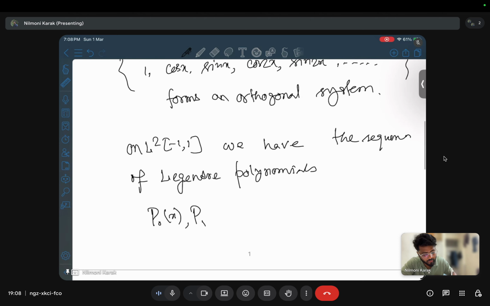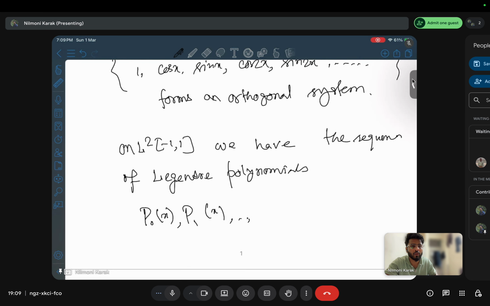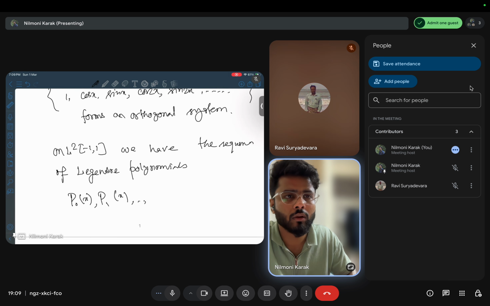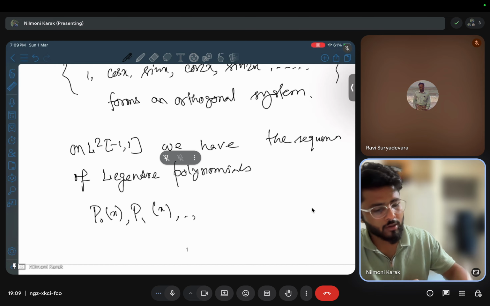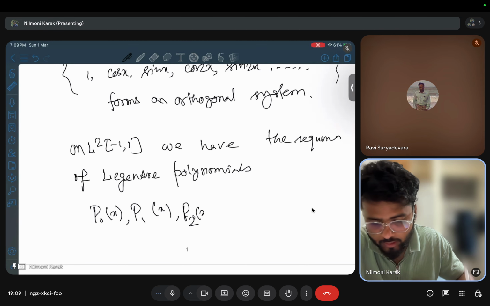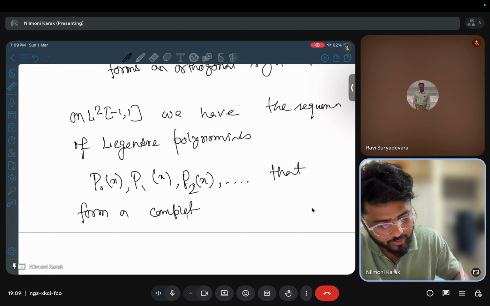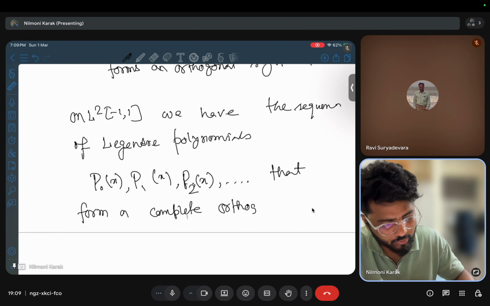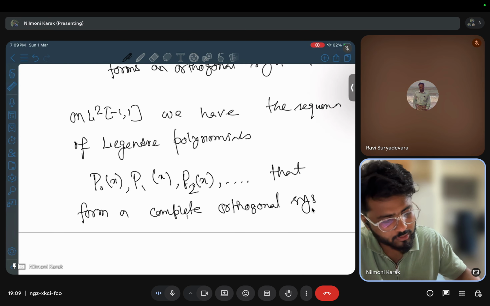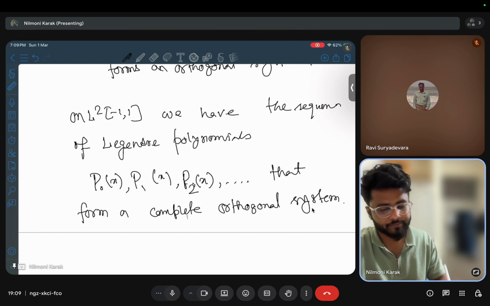So we will see what is P0(x), P1(x) and P2(x), that form a complete orthogonal system.